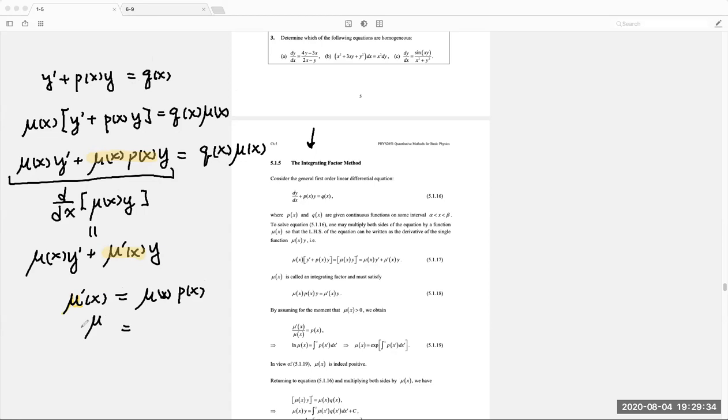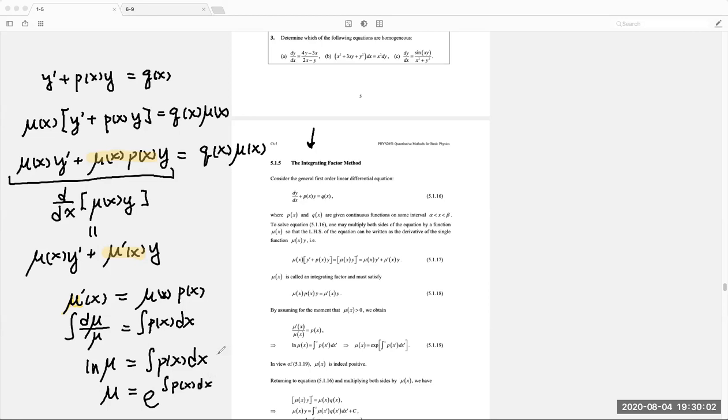Let me shorten mu x to mu. Then you can use separable variables to solve for mu. So it is exponential to the power of the integral of p x dx.